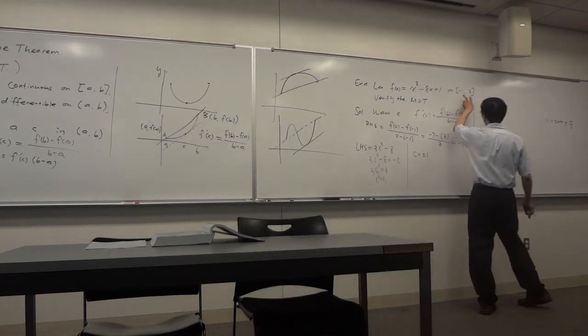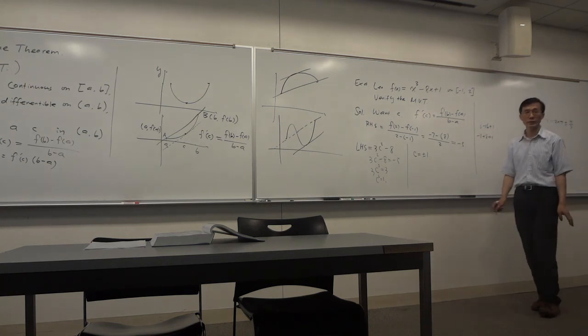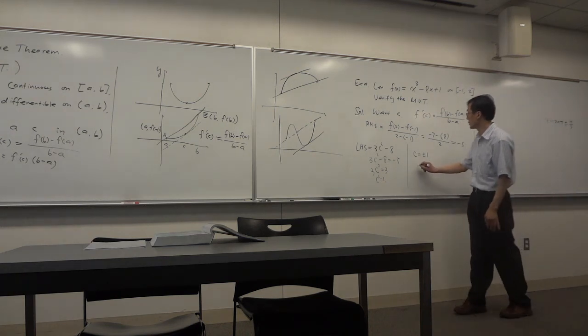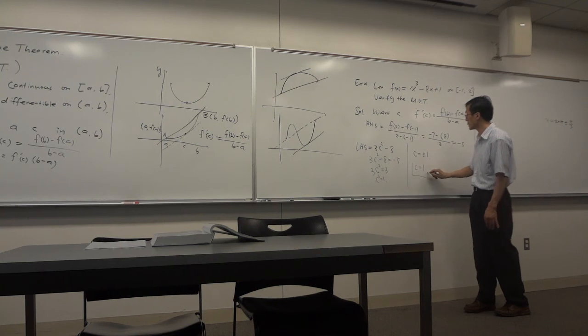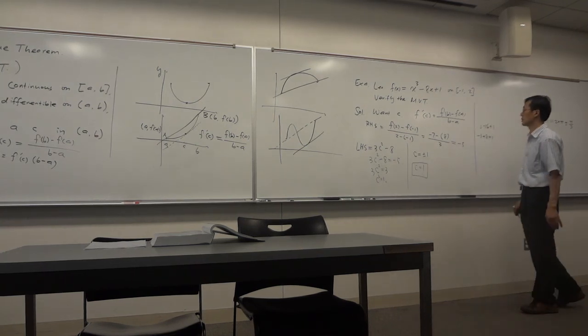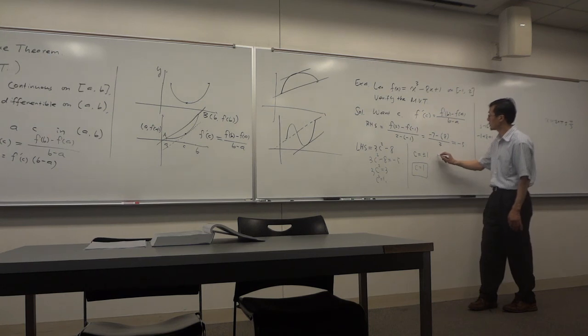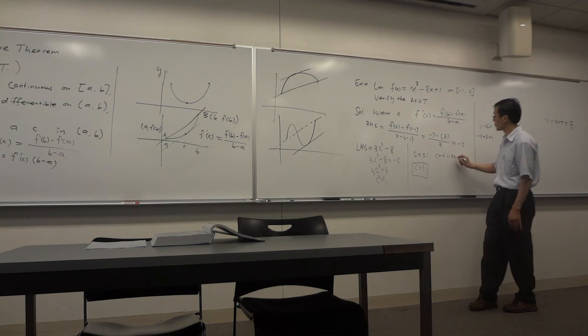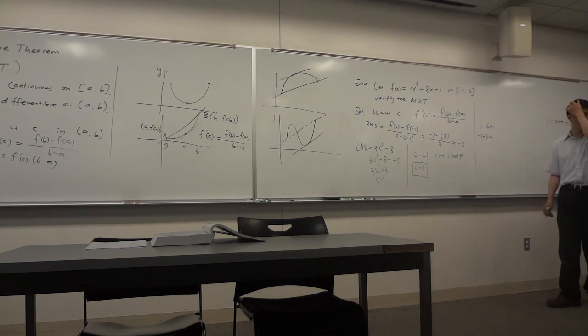Negative 1 is on the boundary, the end point. So you throw away c equals minus 1. Just write c equals plus 1 is the only solution for this problem.